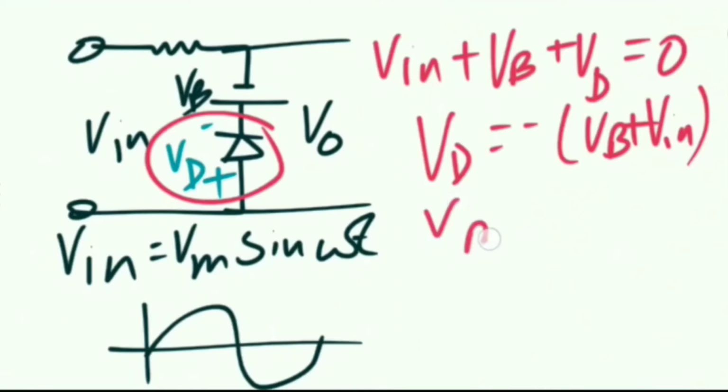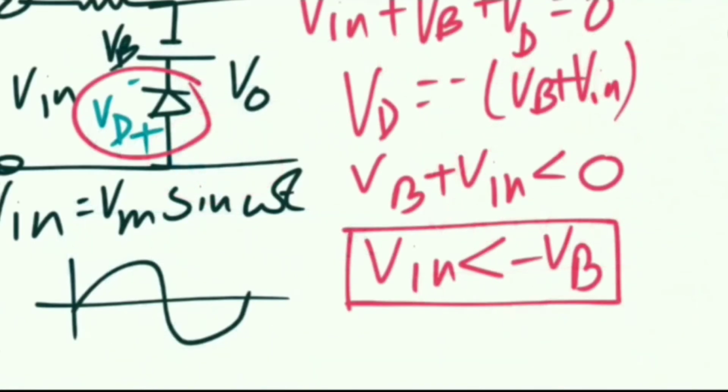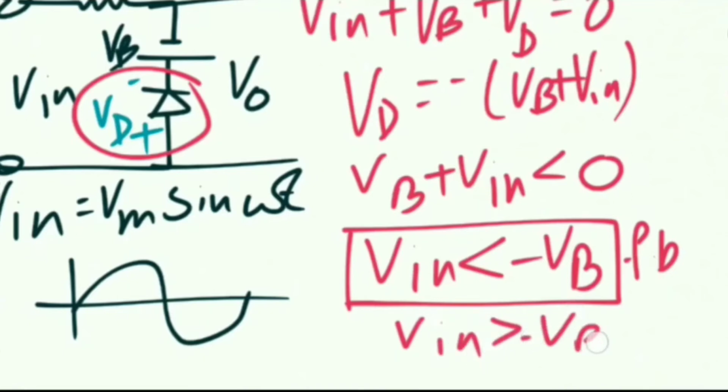So Vb plus Vin is less than 0, which implies Vin is less than minus Vb. This is the condition for forward biasing, and similarly for Vin greater than minus Vb, we will have reverse biasing.